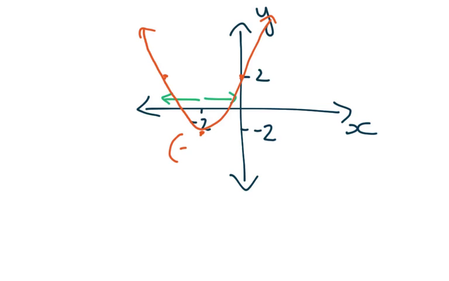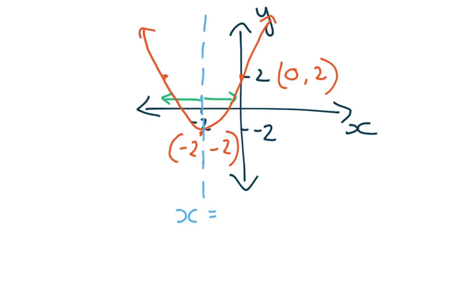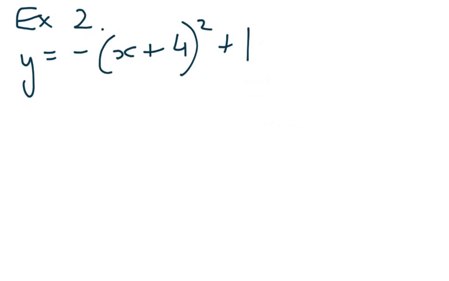So then we label our turning point, (-2, -2), and our y-intercept, which is (0, 2). And with a ruler and the same colour, I'm going to use a different one just so you can see, you would also draw in the line of symmetry with a dotted line and label it as x equals -2. And that's our sketch done. Obviously yours will look a lot neater than what mine is.